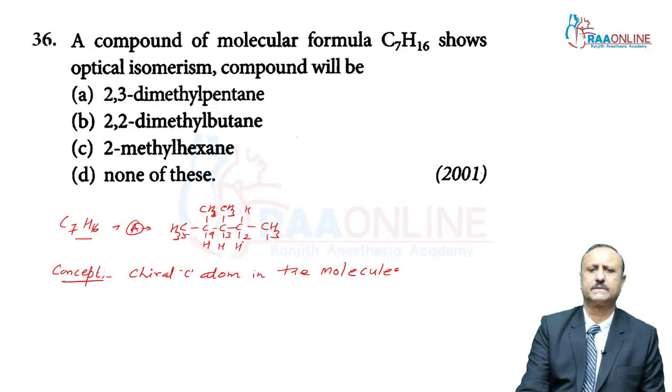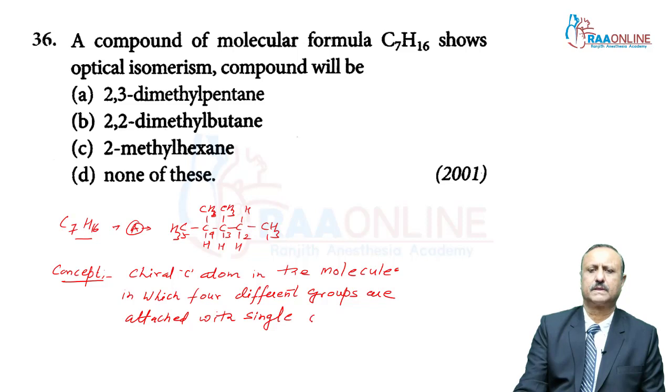Here no chiral carbon atom is present, because a chiral carbon atom is one in which 4 different groups are attached to a single carbon atom. Here you can see 4 different groups are attached to a single carbon atom.